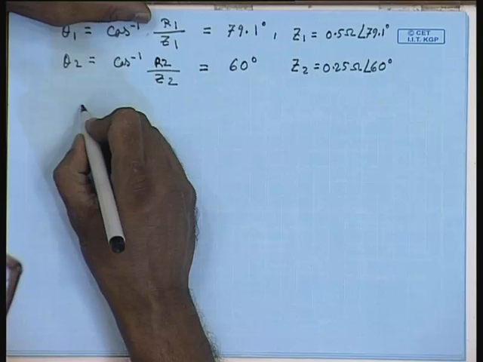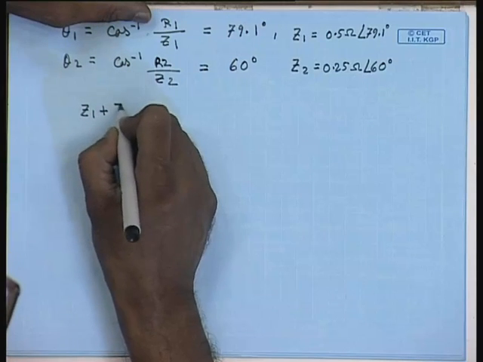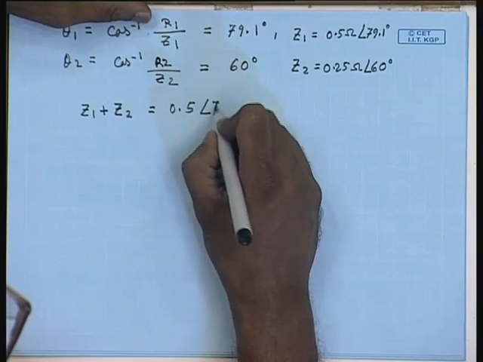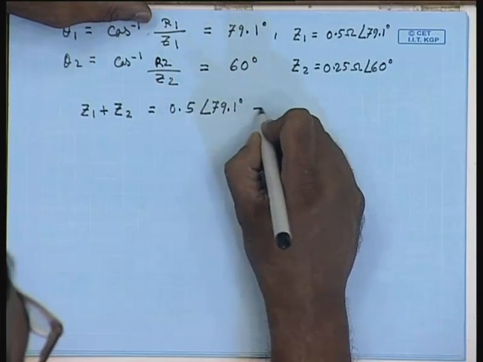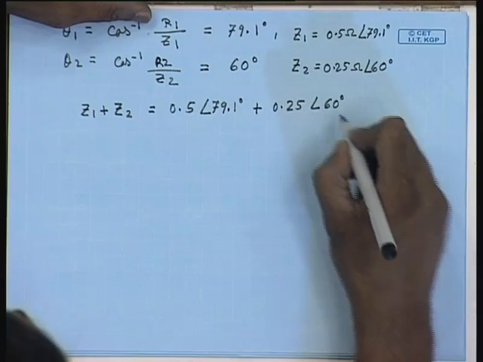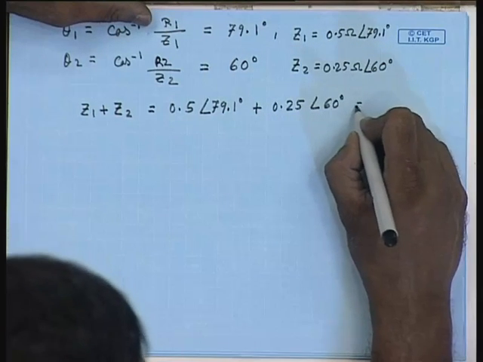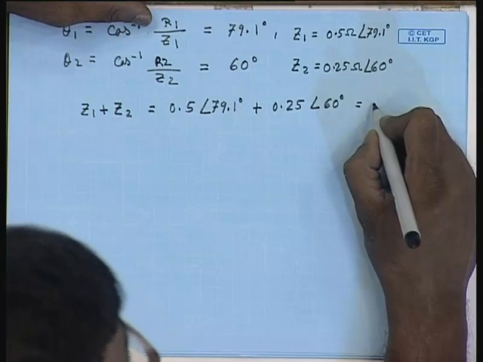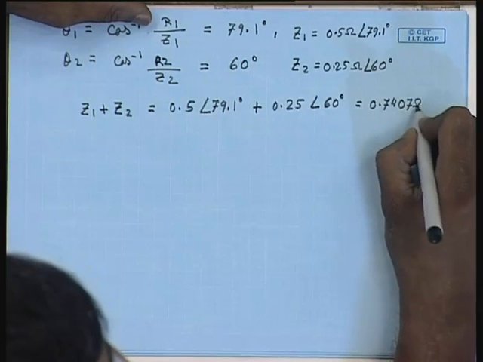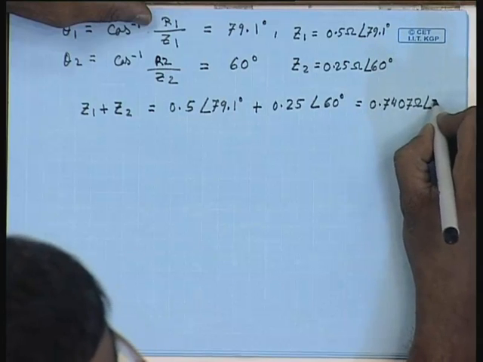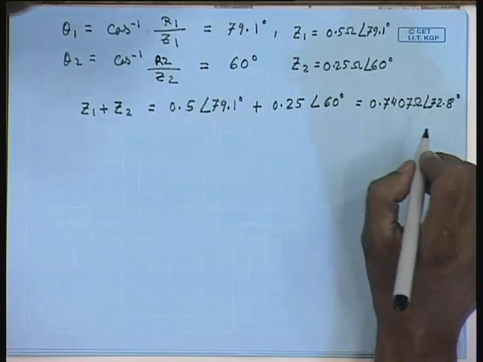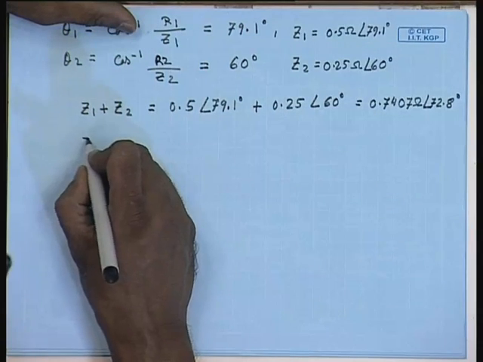So, what is Z1 plus Z2? This comes to 0.7407 ohm, angle 72.8 degrees. So, what will be the current I1?